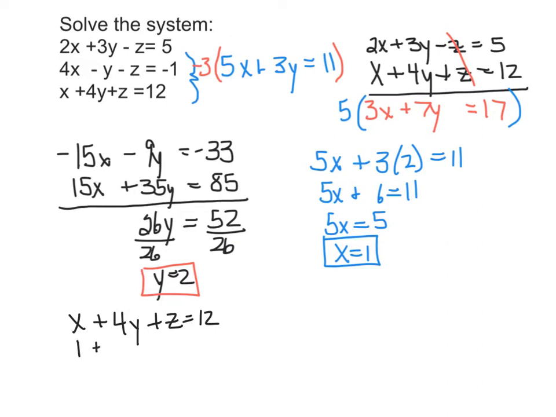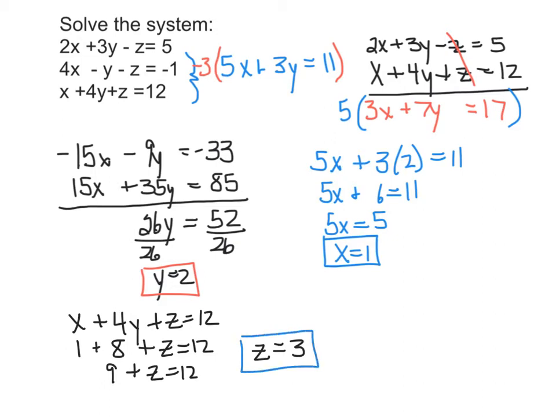I'm going to replace y with 2, so 4 times 2 is 8, plus z equals 12. When I add together, I get 9 plus z is equal to 12. So subtracting 9 from both sides, I get that z is equal to 3. So I now have all three variables solved for.